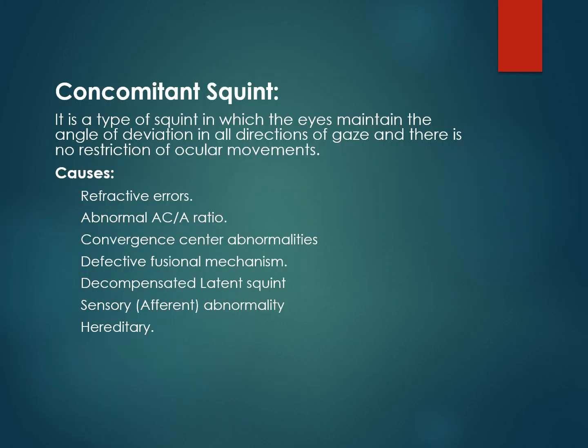Concomitant squint. It is a type of squint in which the eyes maintain the angle of deviation in all directions of gaze, and there is no restriction of ocular movements. Causes: high refractive errors, abnormal AC over A ratio, normal is 3 to 5, and if the ratio is high, the patient is likely to develop convergent squint.